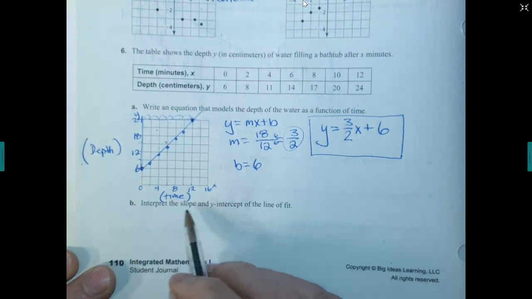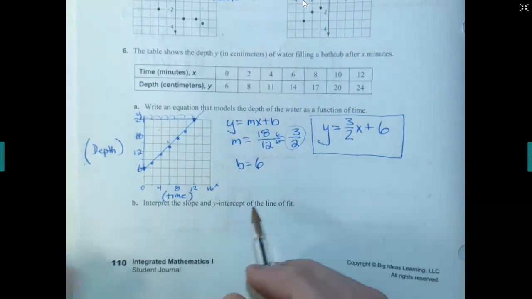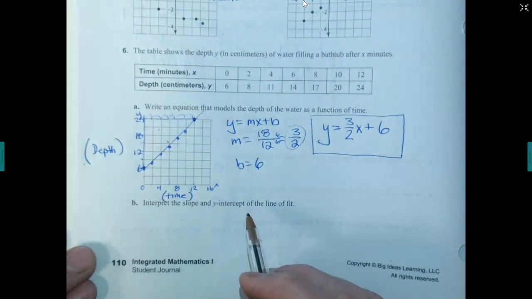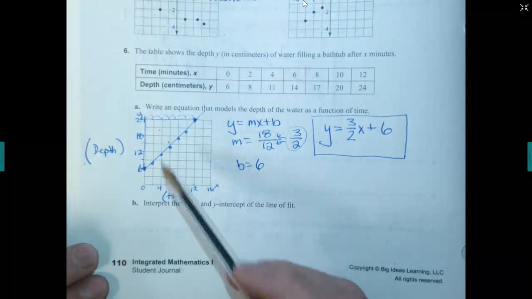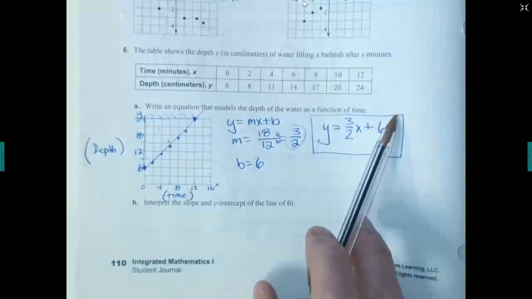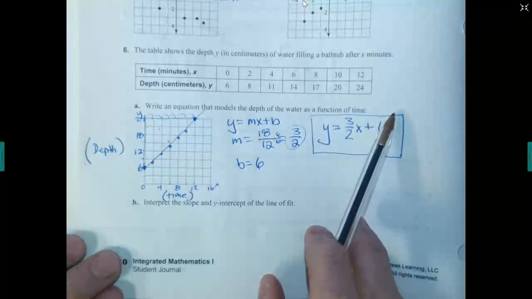Okay, interpret the slope and y-intercept of the line of best fit. So, the biggest thing with these charts and these graphs is we want to interpret the data. We want to be able to interpret the data.